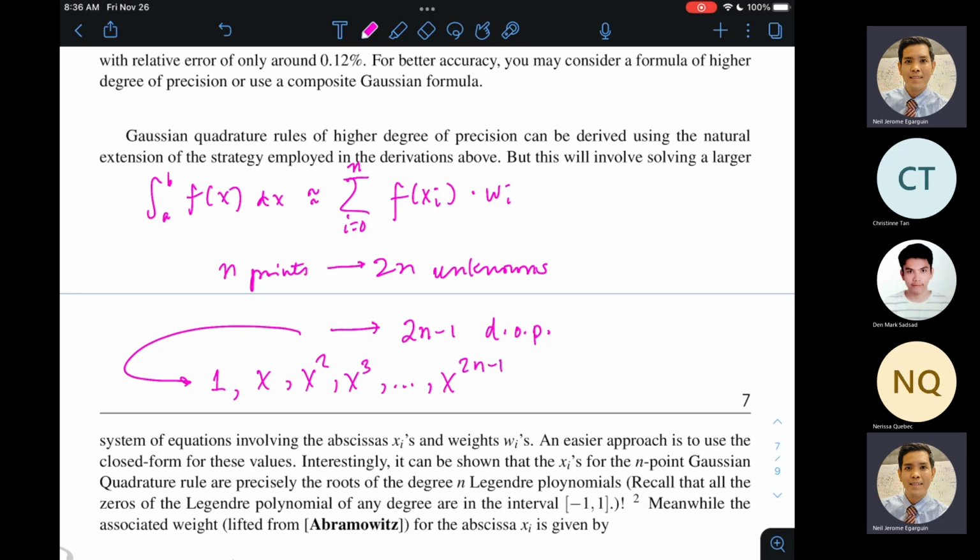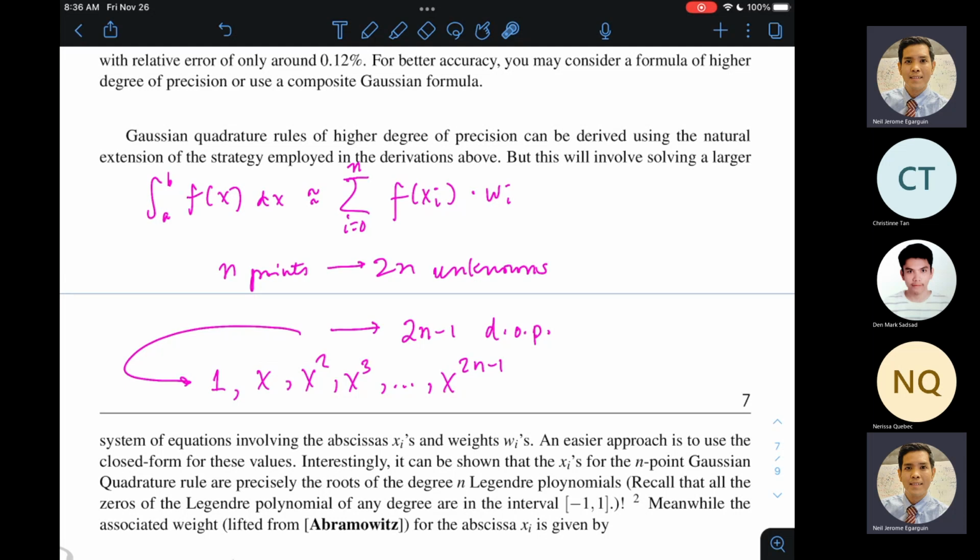So ito yung mga polynomials na dapat niyang ma-integrate ng eksakto. Simula kay 1, which is degree 0, hanggang kay x to the power 2n minus 1, which is degree 2n minus 1. Though theoretically, dapat ma-integrate niya lahat ng mga infinitely many polynomials of degree 2n minus 1 or less.